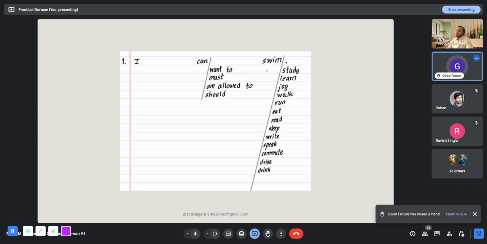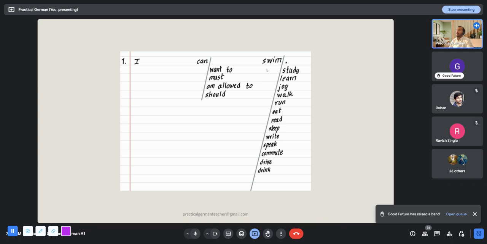Ihr müsst schwimmen. Ihr dürft schwimmen. Ihr sollt schwimmen. Is it solltet or sollt? I think it's sollt, but I'm not sure, I don't use it that often. Those who are preparing for the exam, be careful.